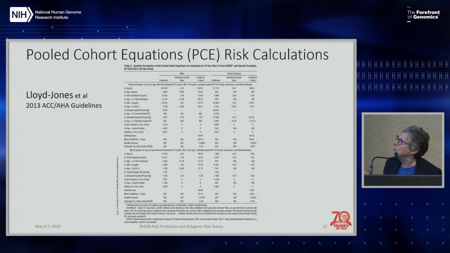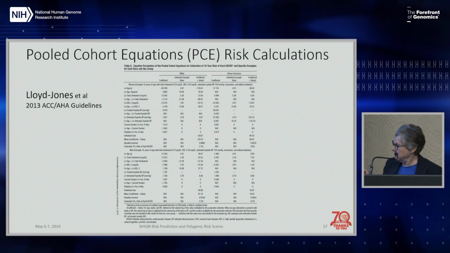So for this woman with these traits and a baseline 10-year risk for white women of a number I can't see, 0.9 something, the risk for this woman was, I think, 2.1%. And likewise, you have one for white men, and so on.